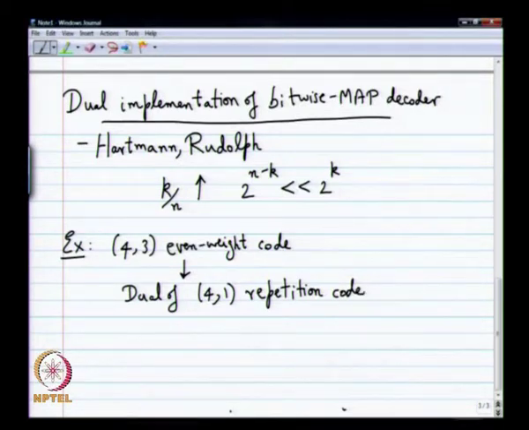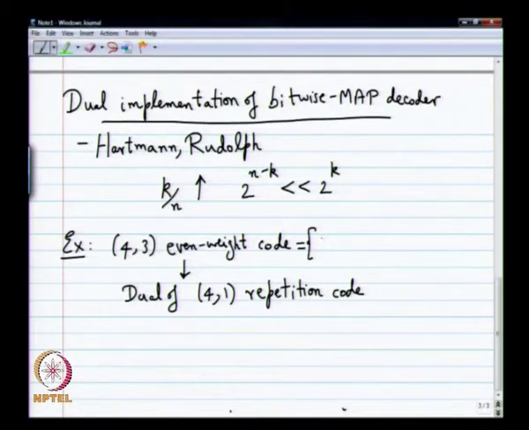Another way of describing the even weight code is to say that it contains all the length 4 binary vectors of even weight. There will be exactly 8 in number. So it is a 4,3 code. You can also check that it is a valid code. Let us see what are the various code words of this code.